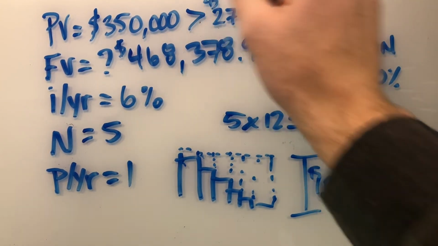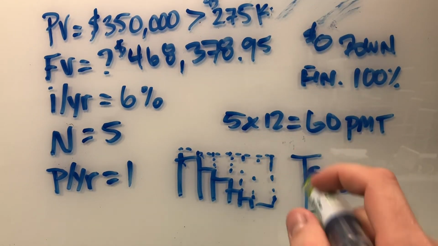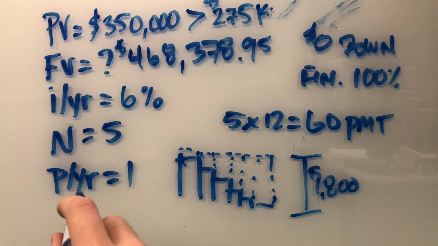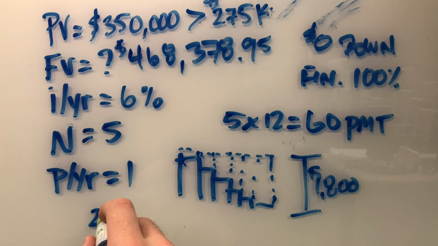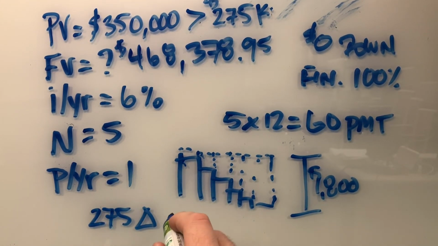And now what you can do is find the difference. So what is the difference, or delta, between the 275 and 468? That would be the equity that you have in the home.